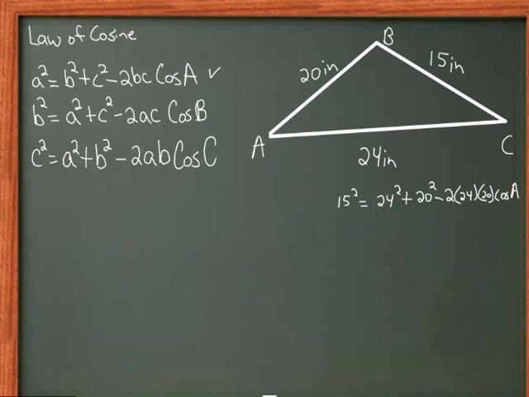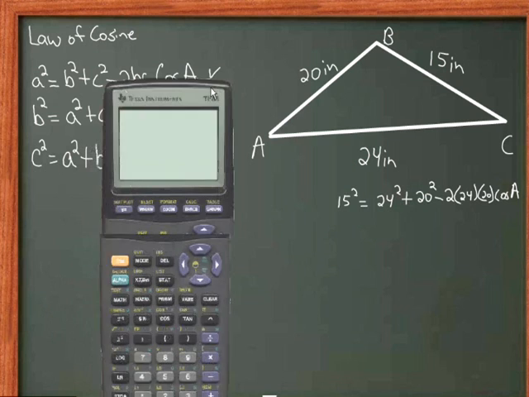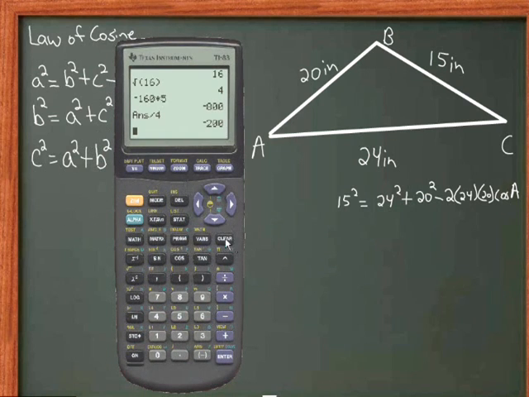Now we use the calculator to assist us. We can do it piece by piece, there's no hurry. 15 squared is 225. 24 squared is 576.